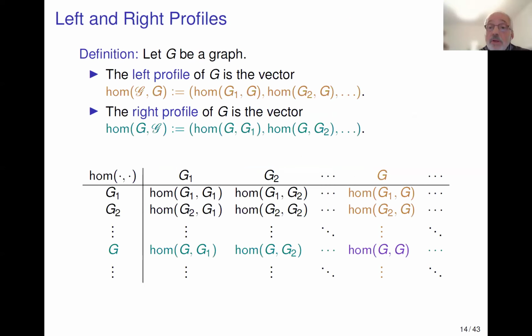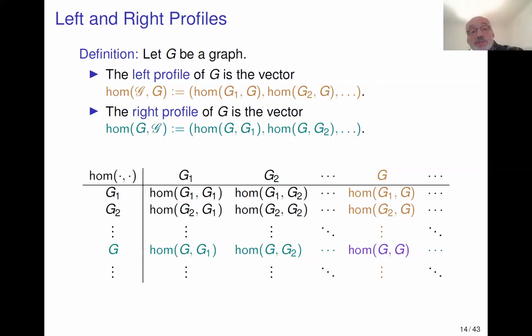And now we are going to associate with the graph the left profile and the right profile. What is the left profile? Go back to this table that we saw before. For the left profile, go to the column that corresponds to your graph G in the listing that you have, and now travel down this column.